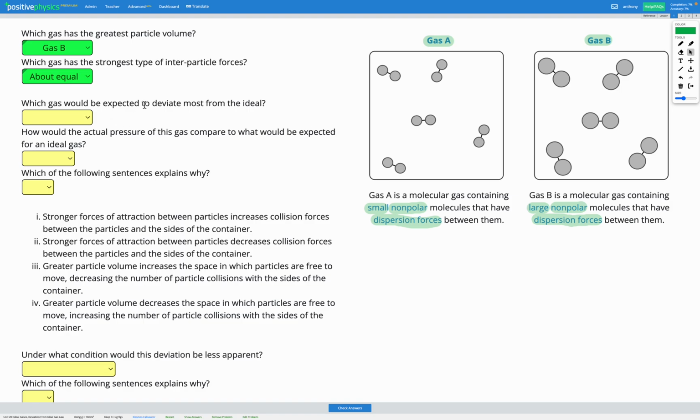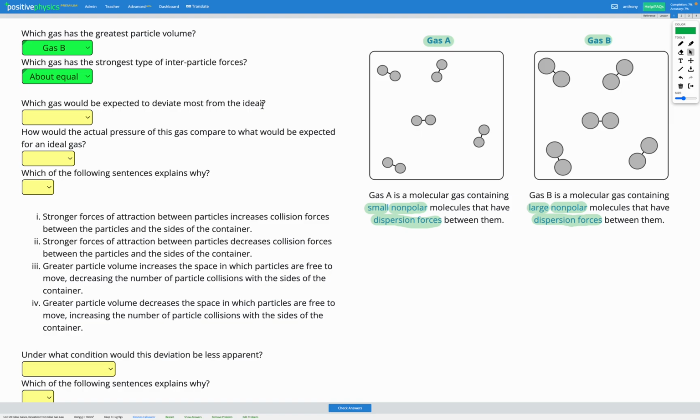Okay, our next question is asking which gas would be expected to deviate most from the ideal. So it's useful to remember what ideal means. An ideal gas is one that has no particle volume, so the particles basically take up no space at all. And it's one where the interparticle forces between the particles are zero.